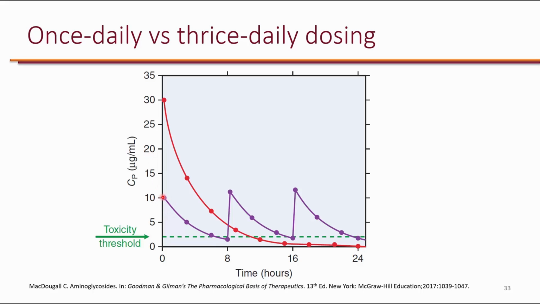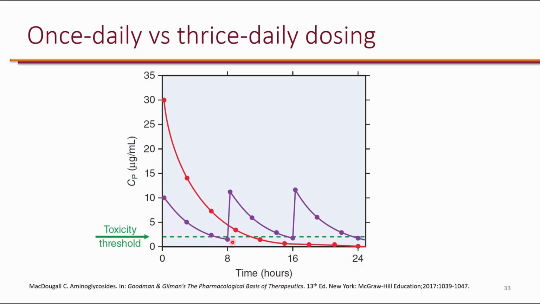Now this causes an issue because while the peak tells you efficacy, the trough tells you toxicity. So it doesn't matter how high you go, you gotta let it go below the trough of 2 because you don't want to cause toxicity, specifically nephrotoxicity and ototoxicity.